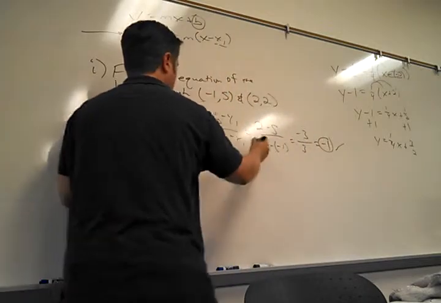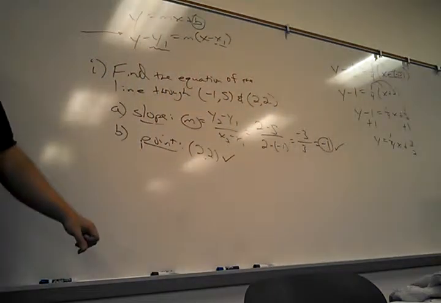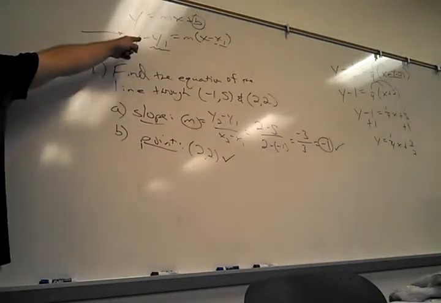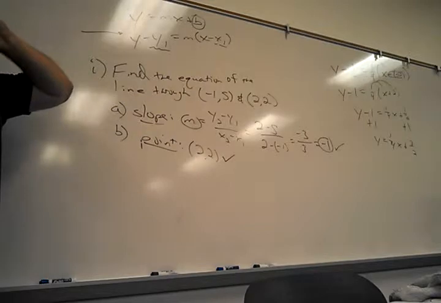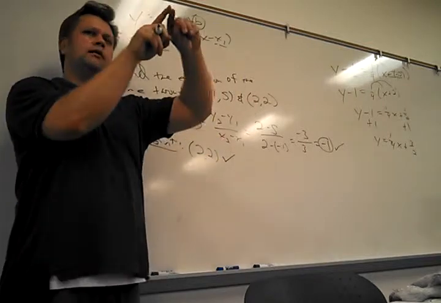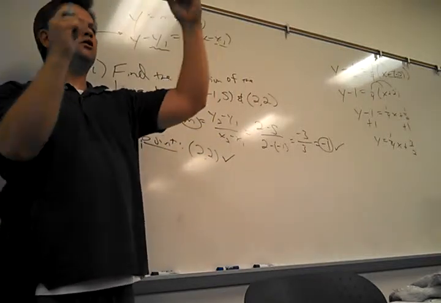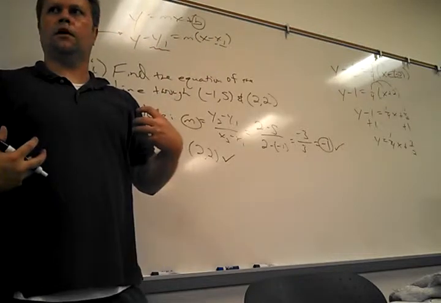Check. I've got a slope. I've got a point. Check. And now I just have to plug it into my equation. So if I'm given 2 points, I know that describes a line. Any situation that describes a line, I should be able to get its equation from there.